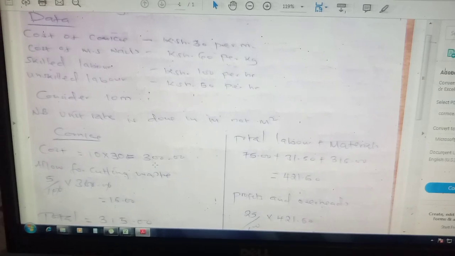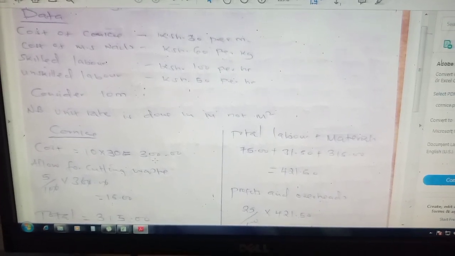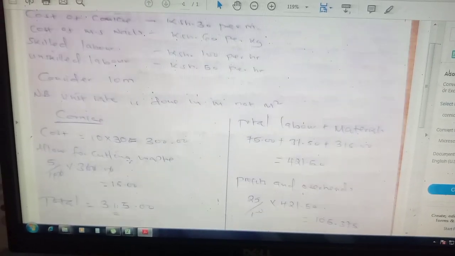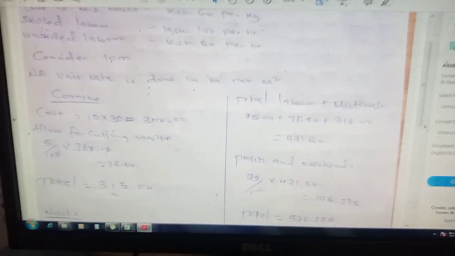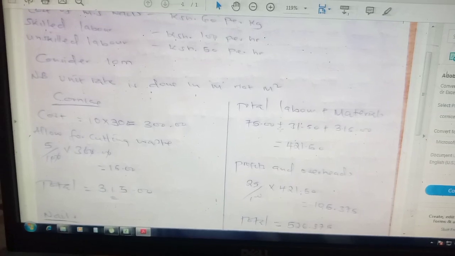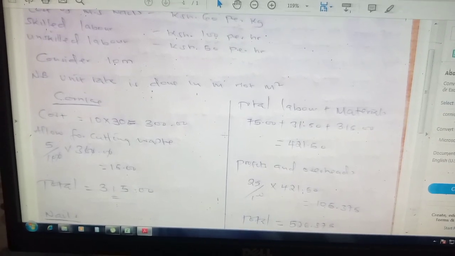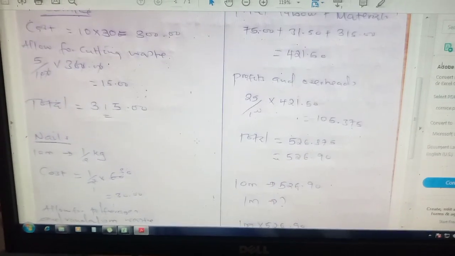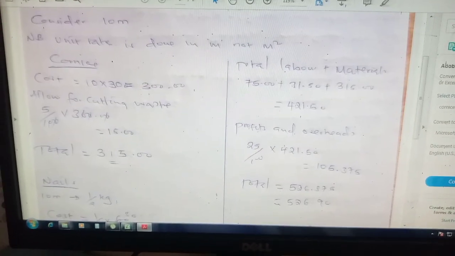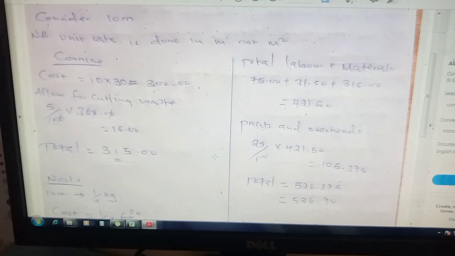Then you get the total for labor and materials. 75 was for labor. You add 31.5, which was for nails, if I'm not wrong. Then you add for cornice itself, which was 315 shillings.